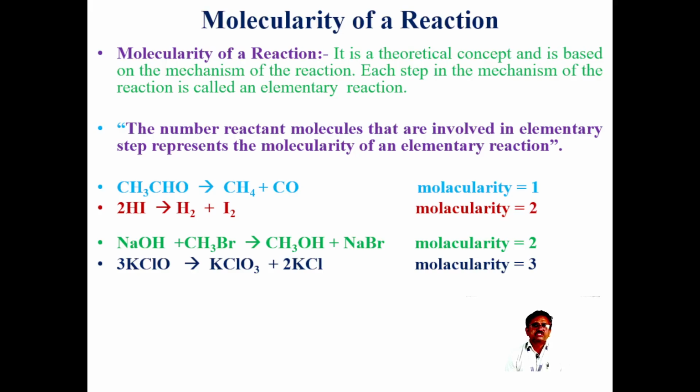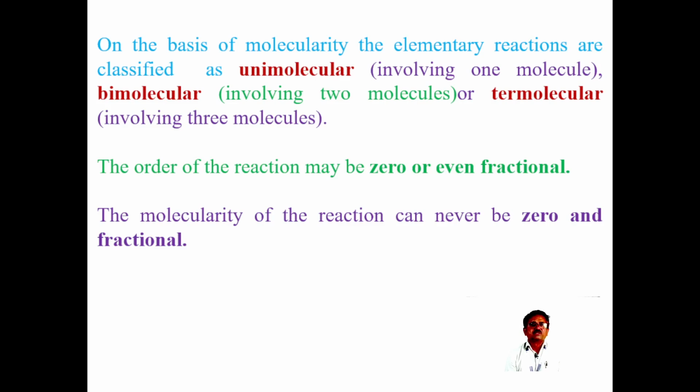Third example, NaOH plus CH3Br gives CH3OH plus NaBr. Here one molecule of NaOH and one molecule of CH3Br take part in the reaction, hence the molecularity is 2. Likewise, in 3KClO gives KClO3 plus 2KCl, the molecularity of this reaction is 3.